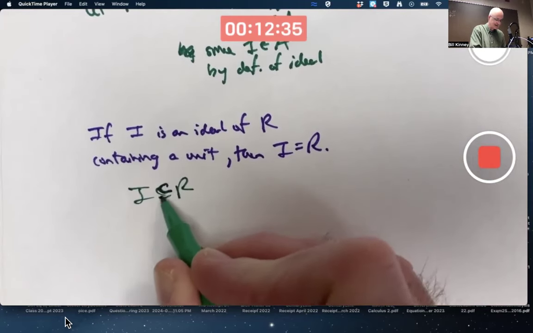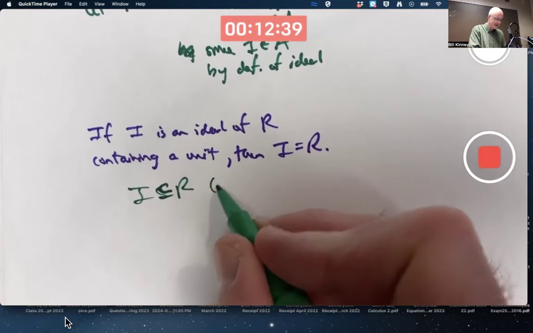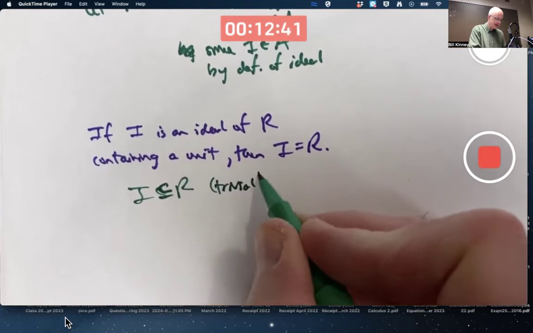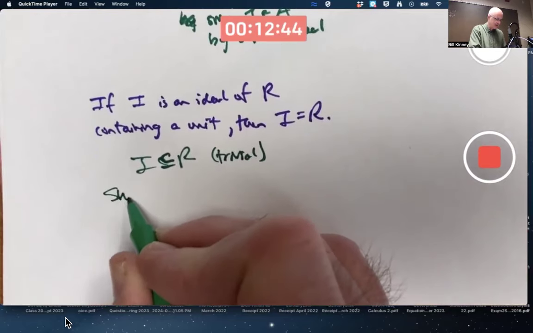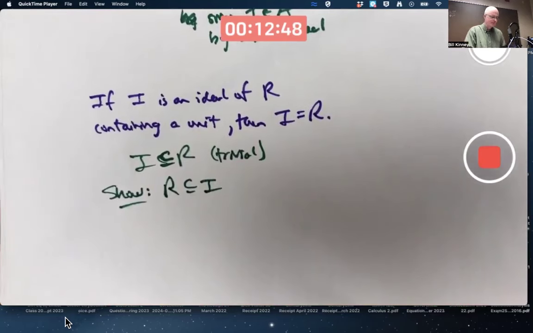That's trivial because it's a subring, being an ideal. So once again, you've got to just show that the entire ring is in fact a subset of the ideal.